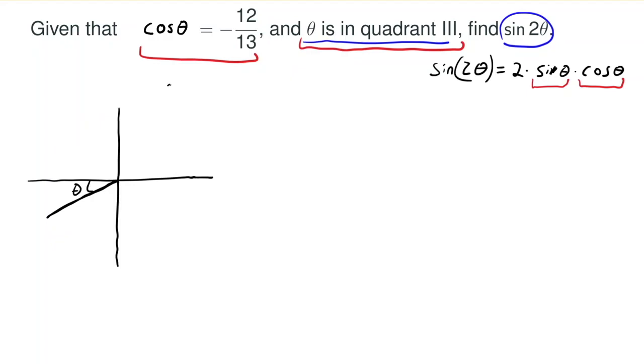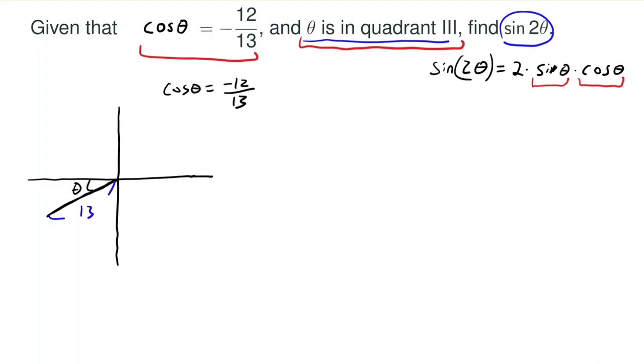And it says cosine theta is negative 12 over 13. So we can write it like this because we usually consider radius as 13. And we know that cosine value represents horizontal distance. Let's write it here. This is negative 12 because on the left side of the y-axis, it should be negative 12.